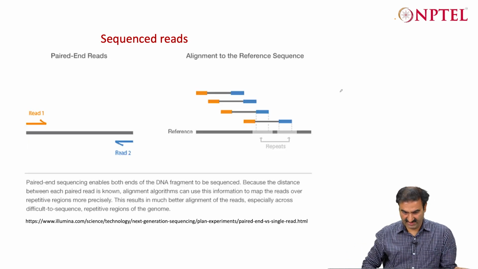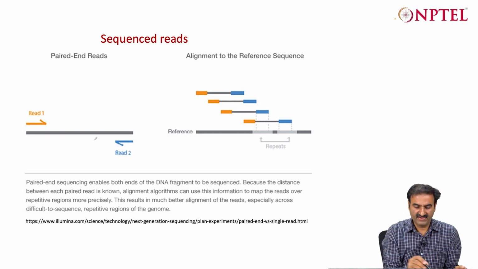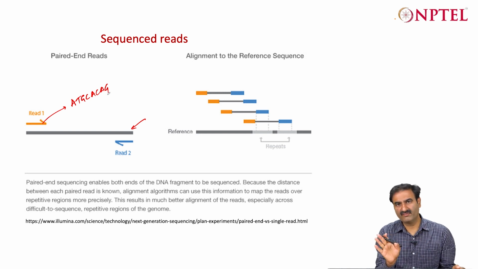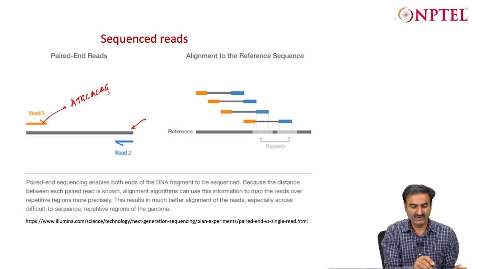If you see in this picture, this is the chromosomal DNA that you have isolated, and a read is like reading this part of it, the determination of A, T, G, C, A, C, A, G and whatever nucleotides are there, from one direction. If you are doing it from both directions, it will be paired end.